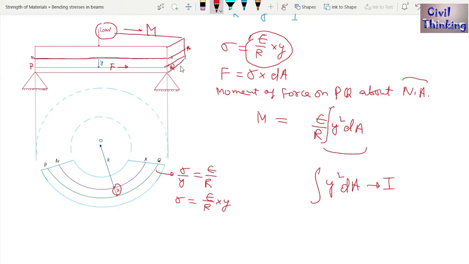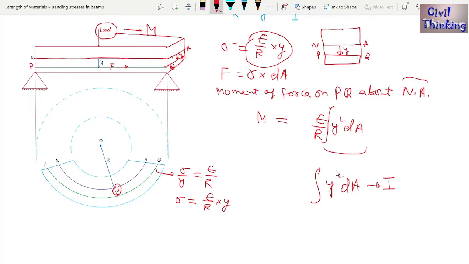This is also the layer PQ, and it is at a distance of y. Here is the neutral axis, and this is the PQ layer, at a distance of y.